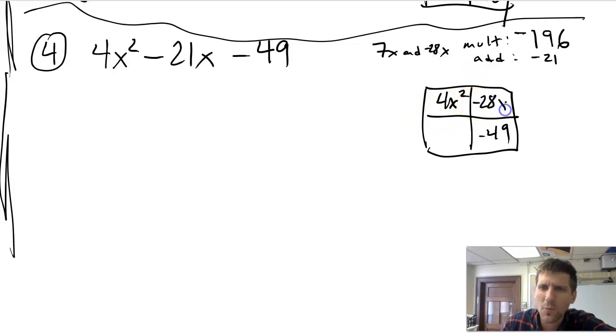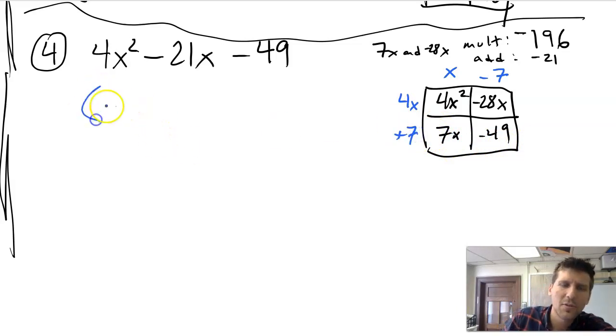It doesn't matter which box you put these in, you would end up just reversing which binomial ends up where. So let's see, factor up, that's just an x. That would be a negative 7, I believe. Factor across, that's a 4x. And this would be a positive 7.